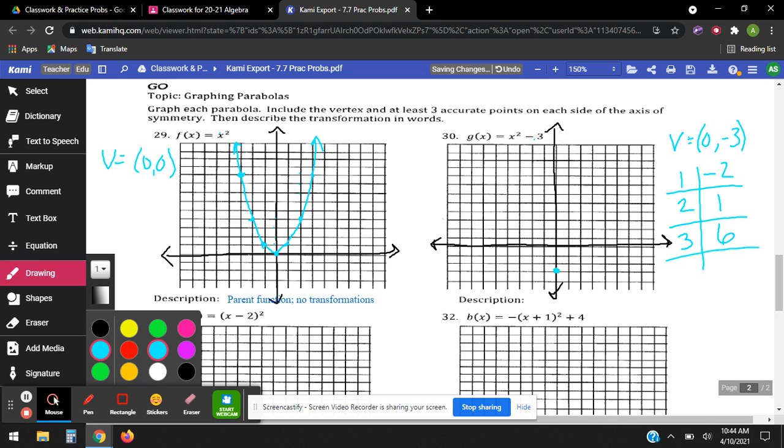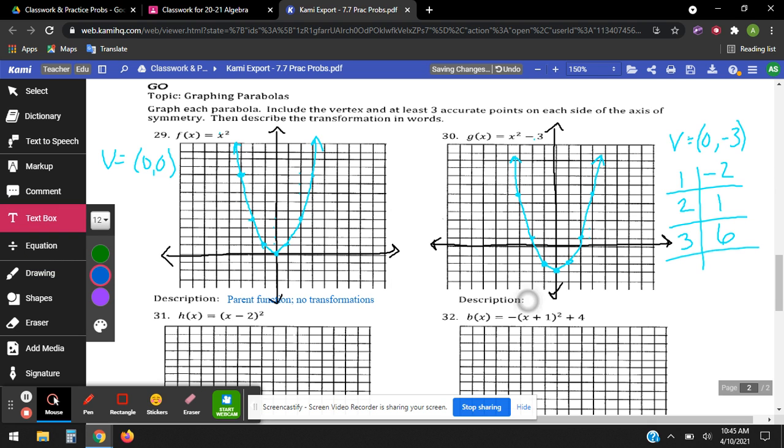So now I've got 3 points to work with: 1, -2; 2, 1; and 3, 6. And I know it's going to be the same on both sides, so that'll help me graph it.